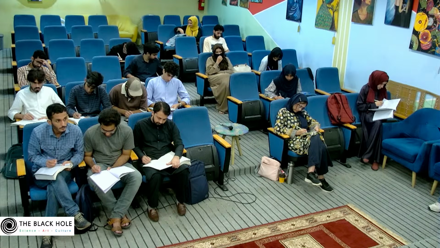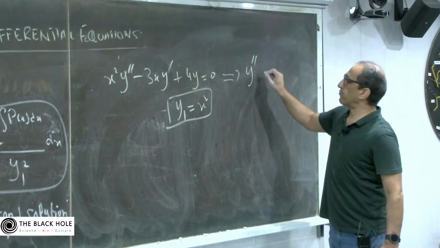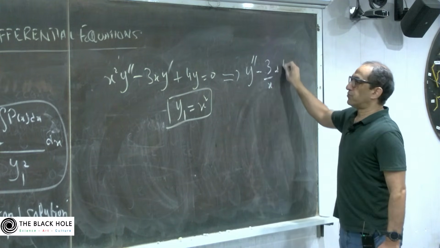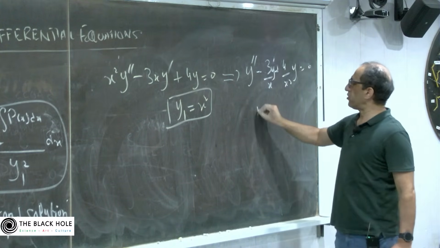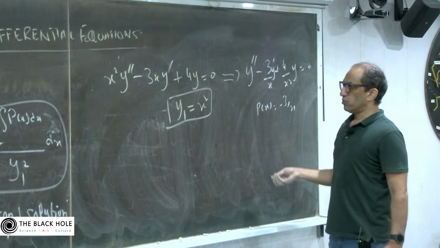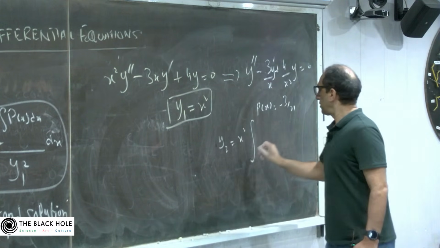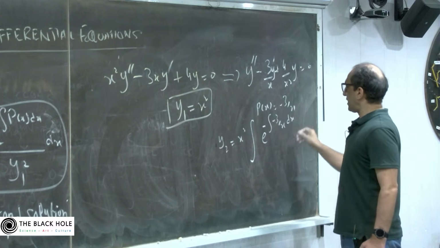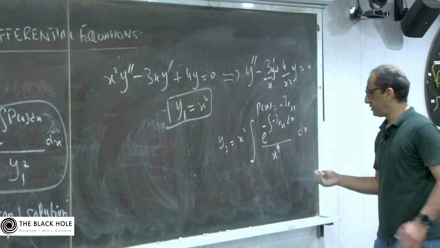So let's do it. I need to first write it in standard form. So for that I will have to write y double dash minus 3 over x y dash plus 4 over x square y is equal to 0. So p of x is minus 3 over x. So y2 will be equal to x square integral e raised to power minus integral minus 3 over x dx over x to the power 4 dx.